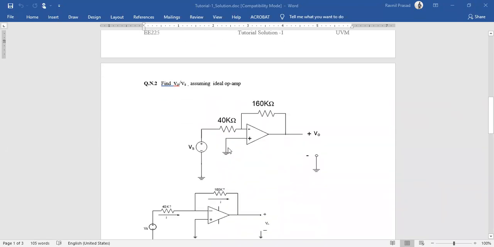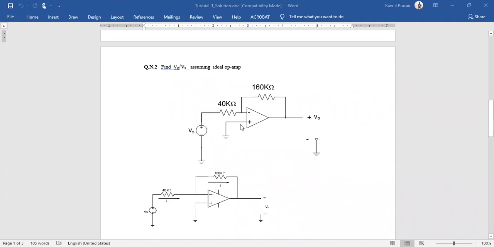Question number 2. Find V0 upon Vs. Again, find the gain assuming the ideal op amp. Since we have a feedback system here, the gain is basically controlled by the resistors, or the feedback system, not by the op amp.